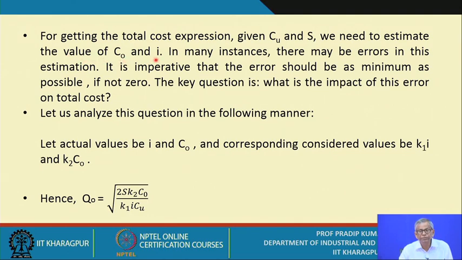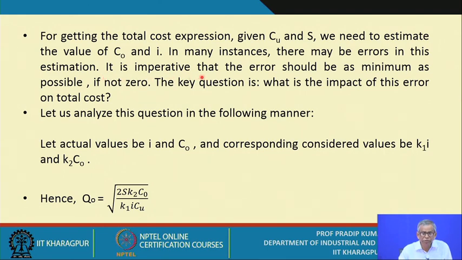Now, for getting the total cost expression given CU and S, we need to estimate the value of CO and I. CO is the ordering cost per order and I is the inventory carrying cost as a proportion of the average inventory which you hold. In many instances, there may be errors in this estimation. It is quite likely.